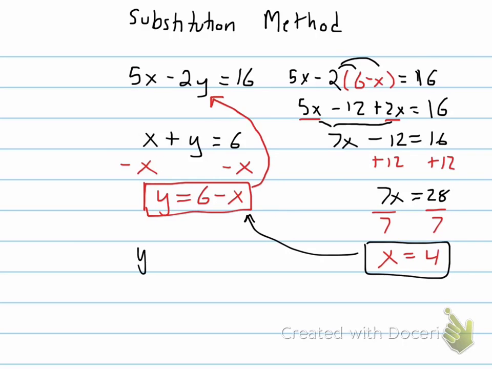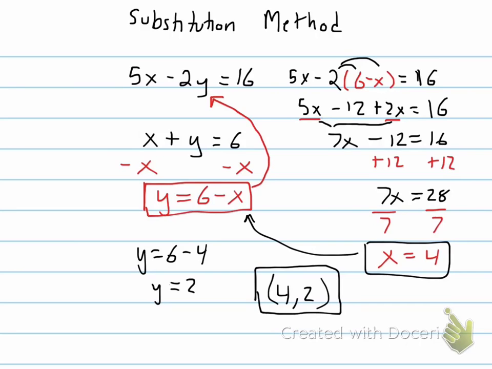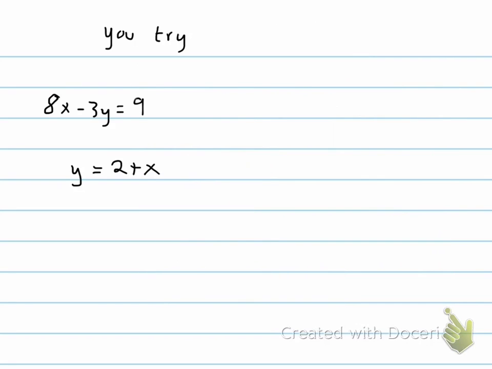So y equals 6 minus 4, y equals 2. Now it works. You could have done it the other way with the wrong number, but it would have been a messy answer. So my answer would be 4, 2. You can just write it in coordinate point form, okay? I'll pause here. I'd like you guys to try this.